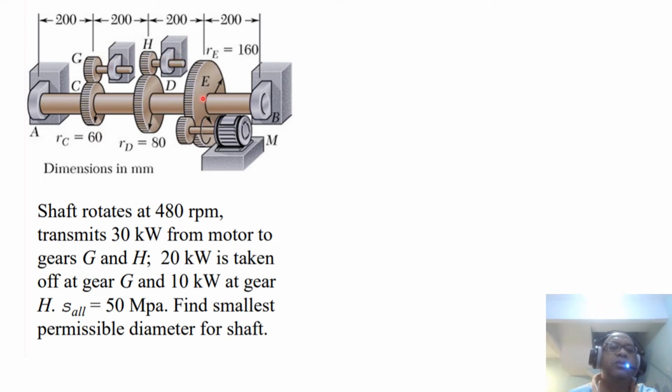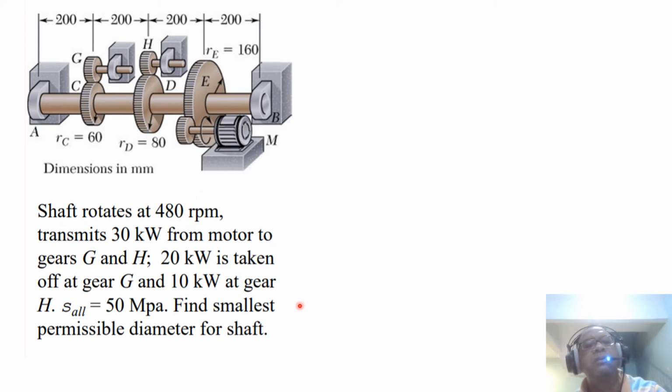So you put in torque here, it will be lost here, it will be lost here, and so 100% will be transmitted. No torque is lost at the bearings. The shaft rotates at 480 RPM. It transmits 30 kilowatts from the motor to gears G and H. Okay, 20 kilowatts is taken here at gear G.